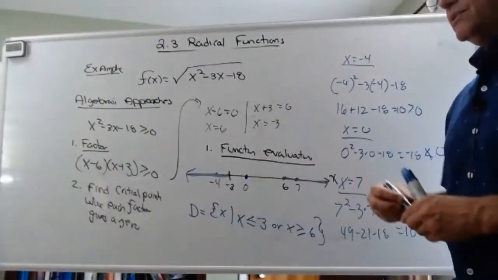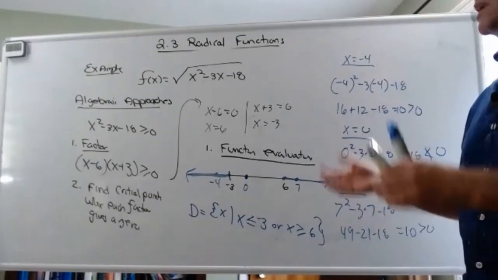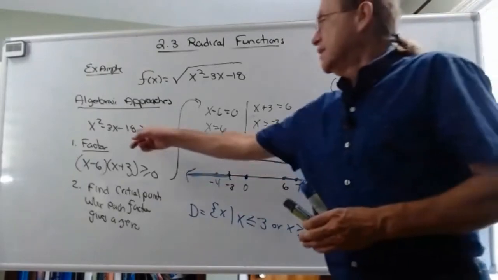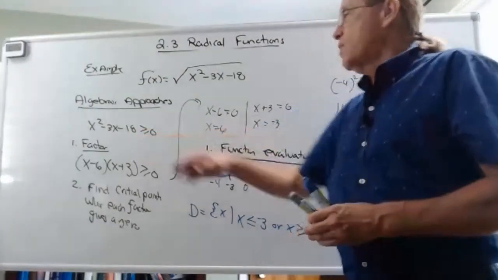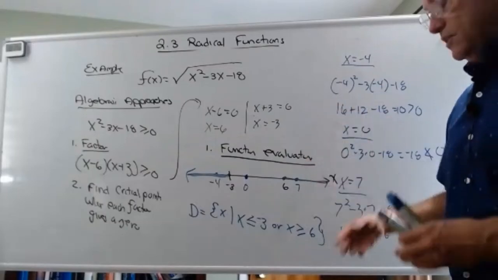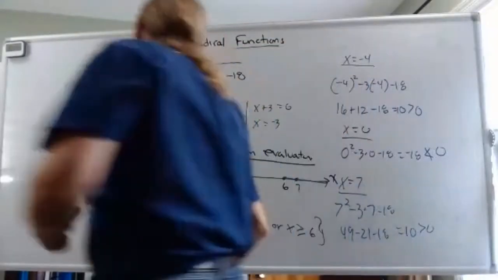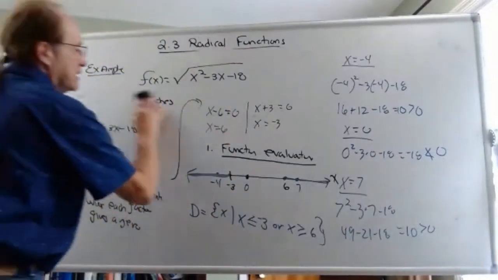Let's look at the other algebraic approach. This is the one that can be useful for looking at much more complicated inequalities. This isn't so bad since it's a quadratic, but later on in the course you might look at inequalities that might be cubics or quartics and other things happening. So let's take a look at that.